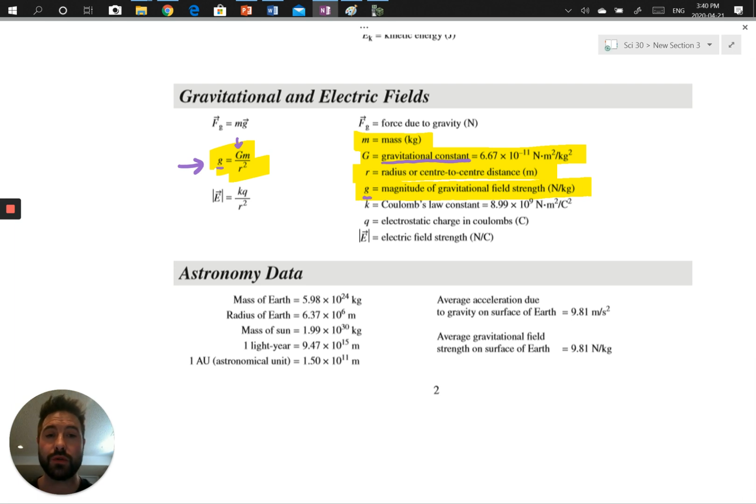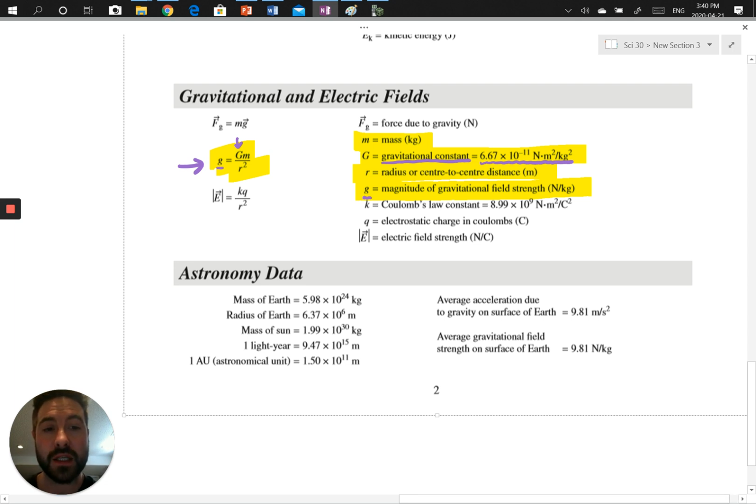So we're able to construct a constant that can be used to calculate the gravitational force or the gravitational field strength for any objects. And it's this fancy number right here, 6.67 times 10 to the negative 11 newton meter squared per kilogram squared. The M is our mass, and our mass here is always going to be measured in kilograms. And then we have this R here.